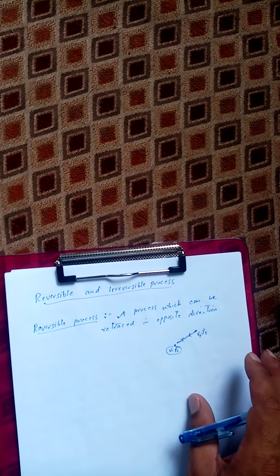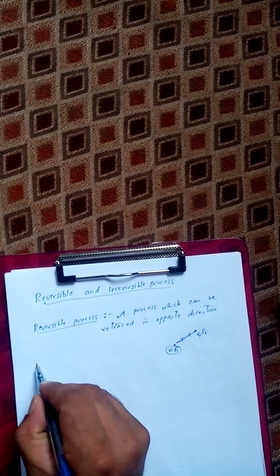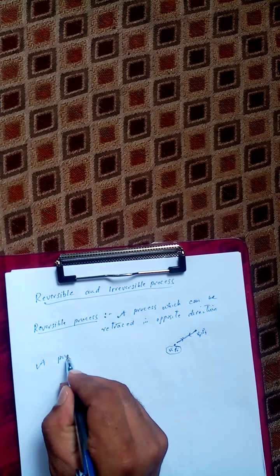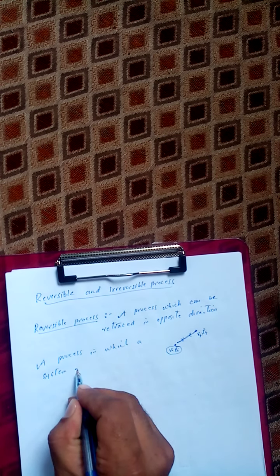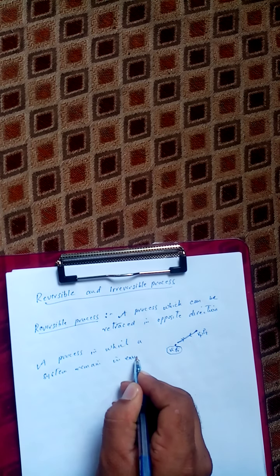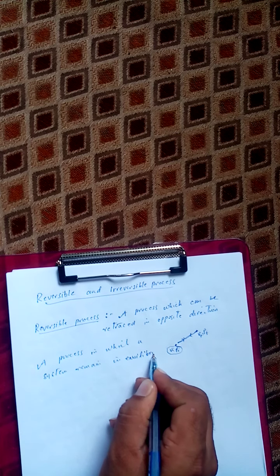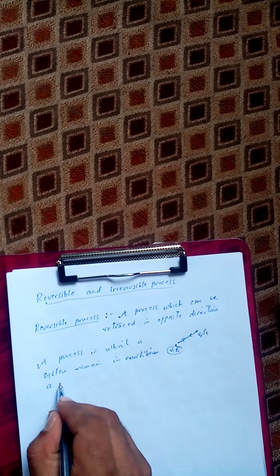A process in which a system remains in equilibrium is called a reversible process.